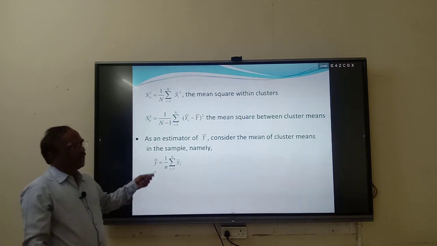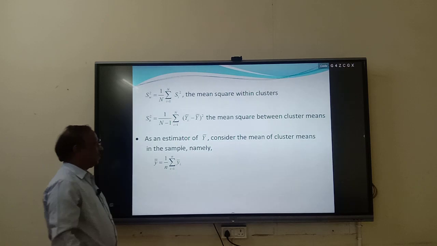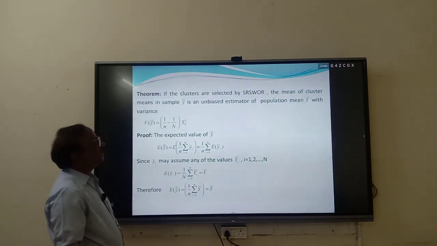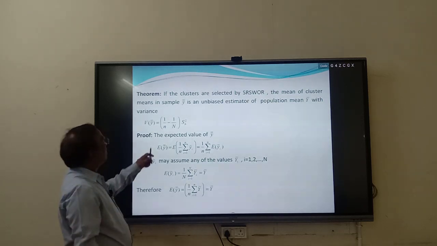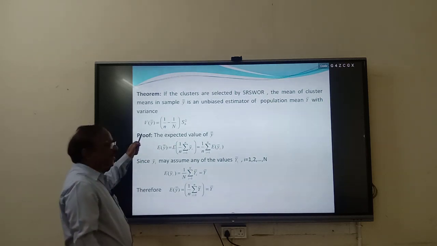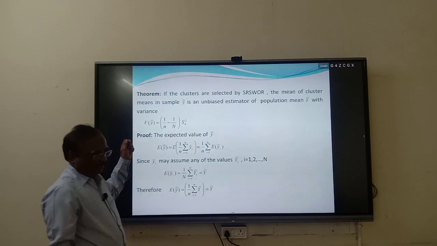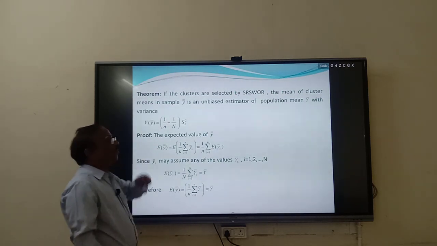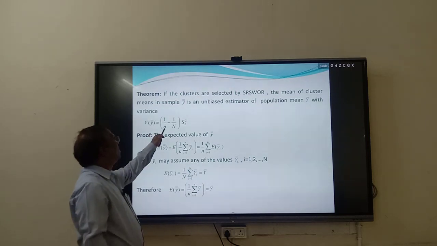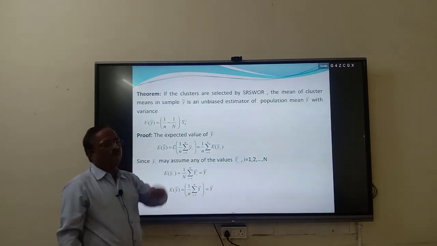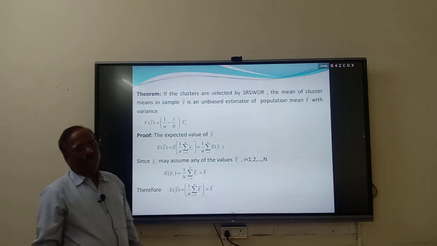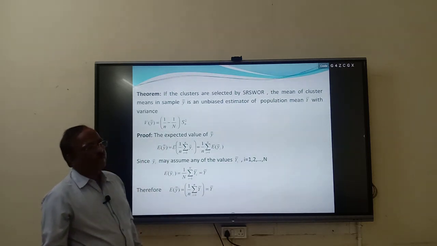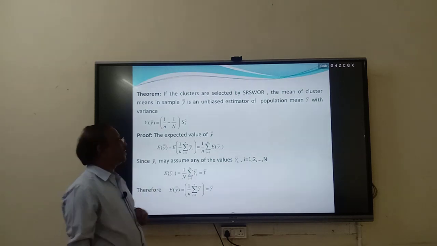So this is the mean of cluster means in sample. Now we have a result. The variance of the mean of cluster means in sample, denoted by y double bar, is equal to 1 by small n minus 1 by capital N, SB square. SB square, we have defined, is the mean square between cluster means.